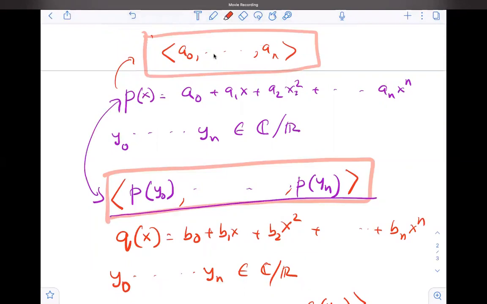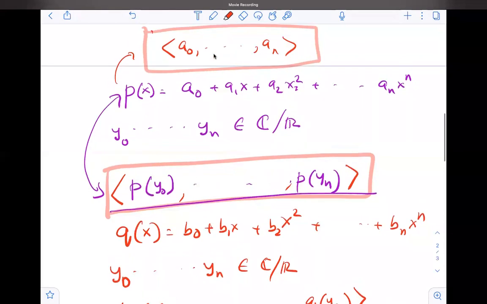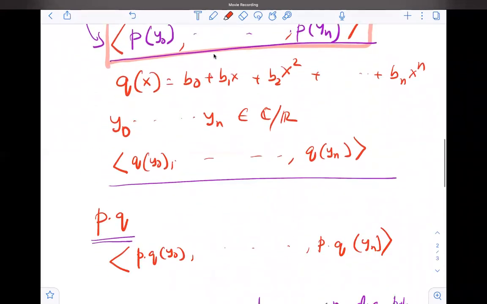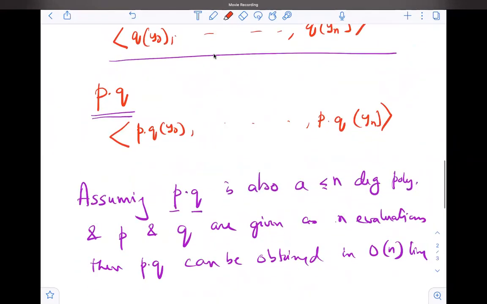Our goal is to find out the coefficients of the resultant polynomial. From here, how can we get those coefficients? I have not yet told you that. So tell me one thing quickly. If I give you this quantity, can you get the resulting coefficients?